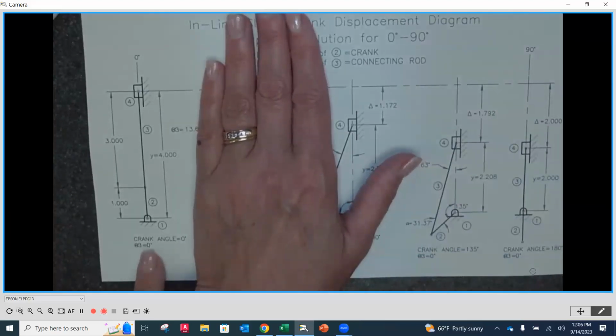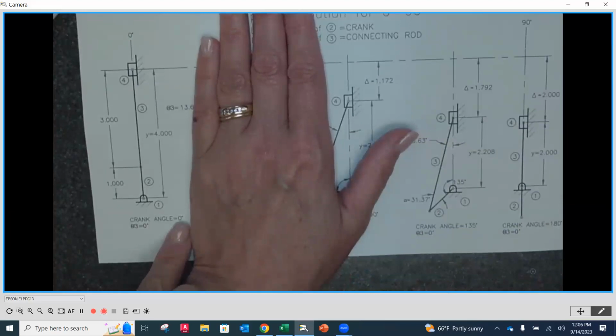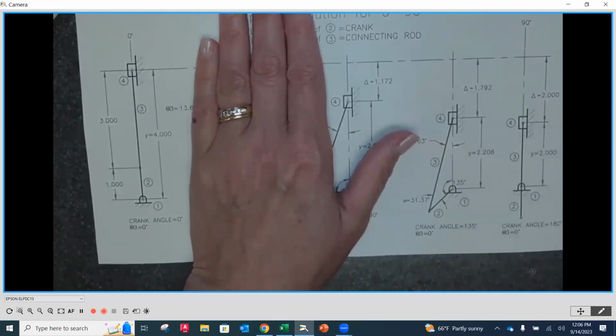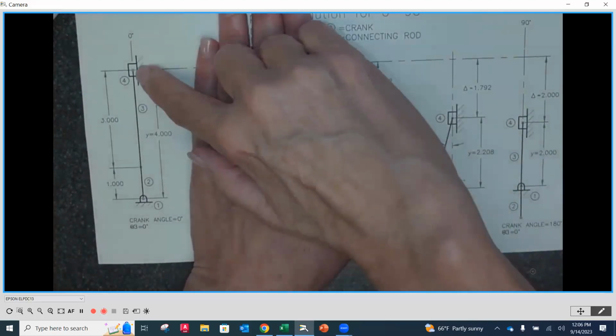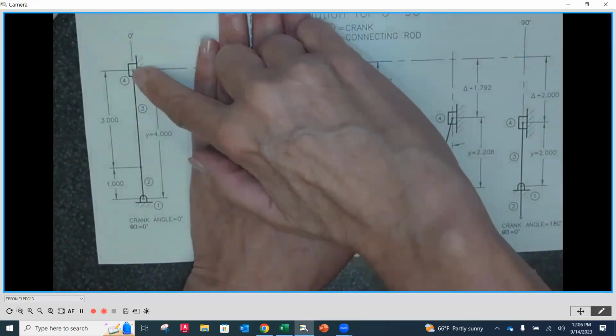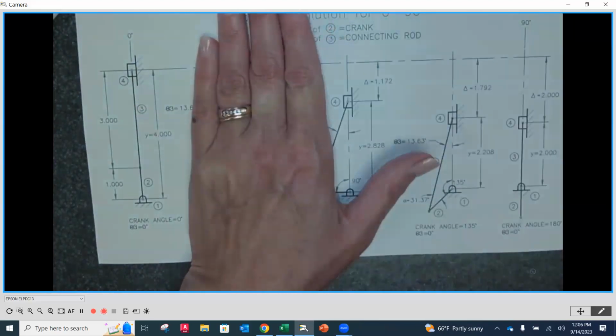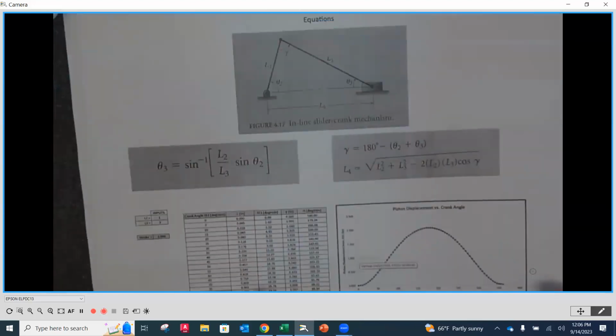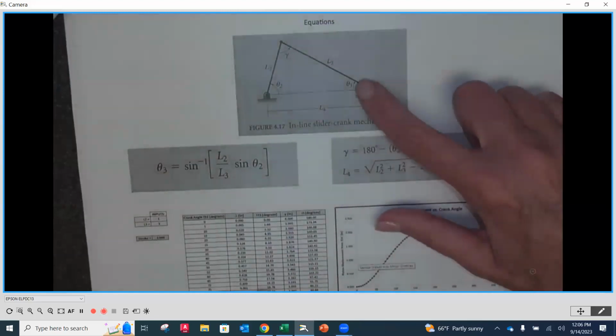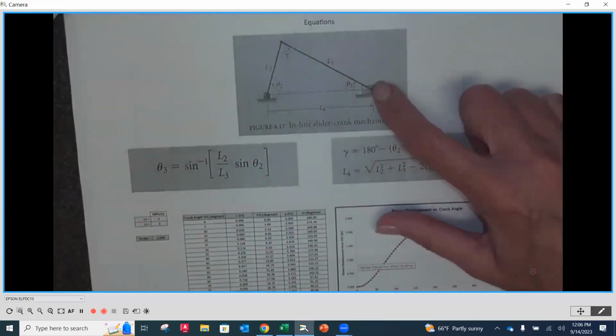Then what we're going to do, you'll notice down here, crank angle is 0, and then theta 3. Theta 3 is the angle that our piston makes with the actual connecting rod. Back over here on that original arrangement, theta 3 is right there by the piston or the slider.